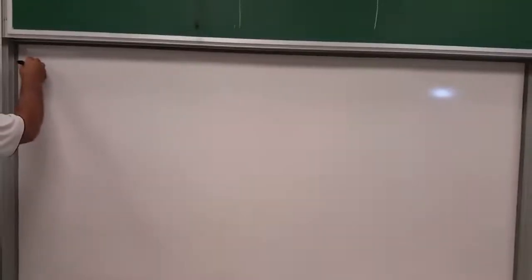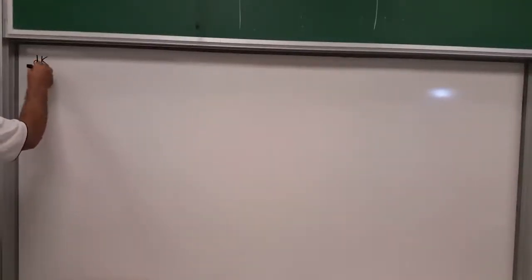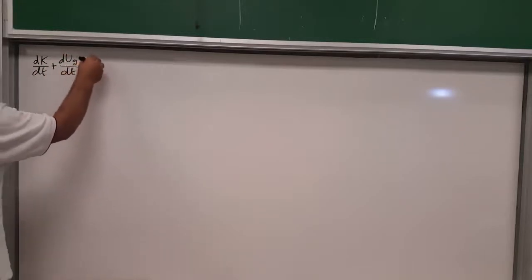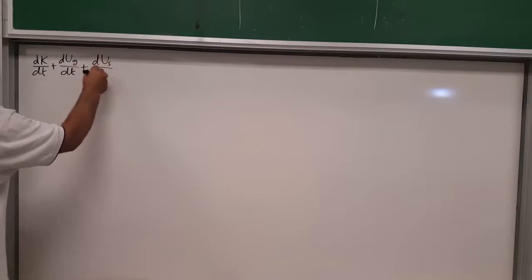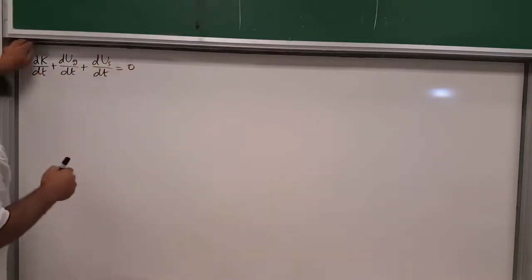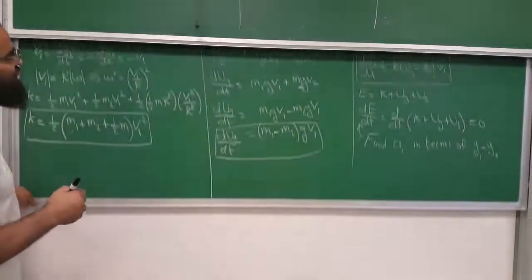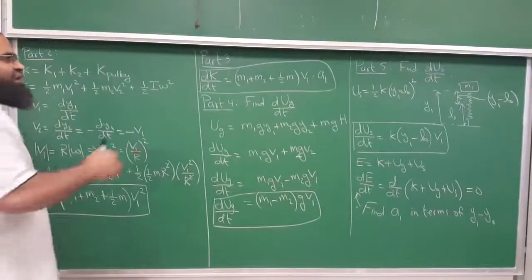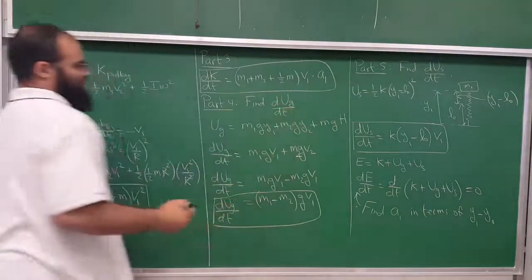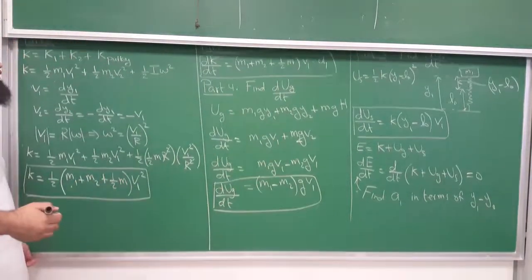I have dK dt plus dU gravitational dt plus dU spring dt. They have to add up to 0. So let's write down the dK dt first. dK dt is m1 plus m2 plus 1/2 m v1 a1.